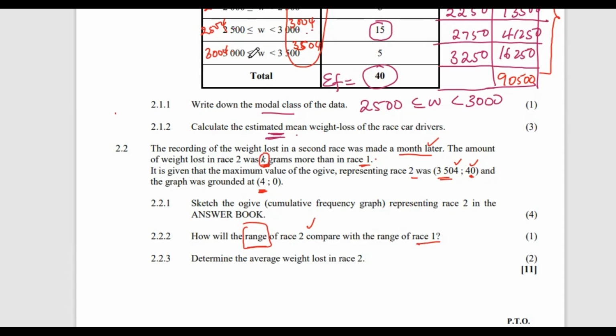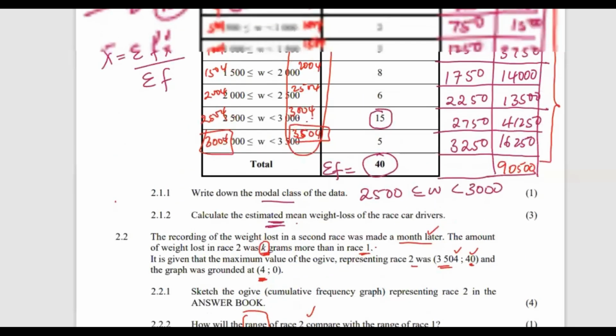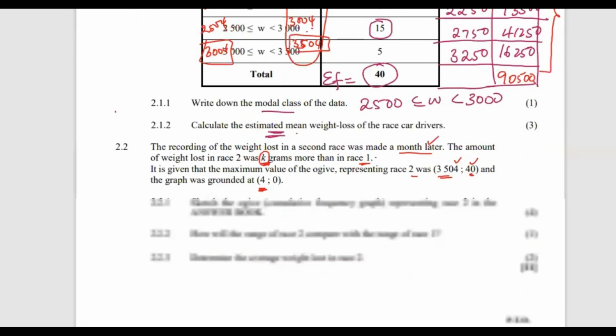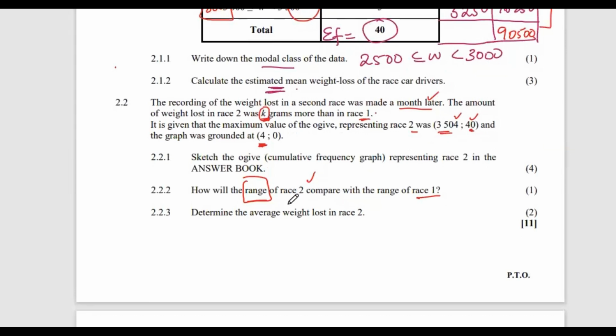Now, the fact that we're seeing the intervals just varying in the same format, a -4 and then a +4, or +4 on either side, there's not going to be any difference, because remember, with the 0, we added a 4 to give us this. And then even with 500, we added a 4. So if you ask for the range, which is the maximum minus the minimum, there's no difference. You can say it just remains the same.